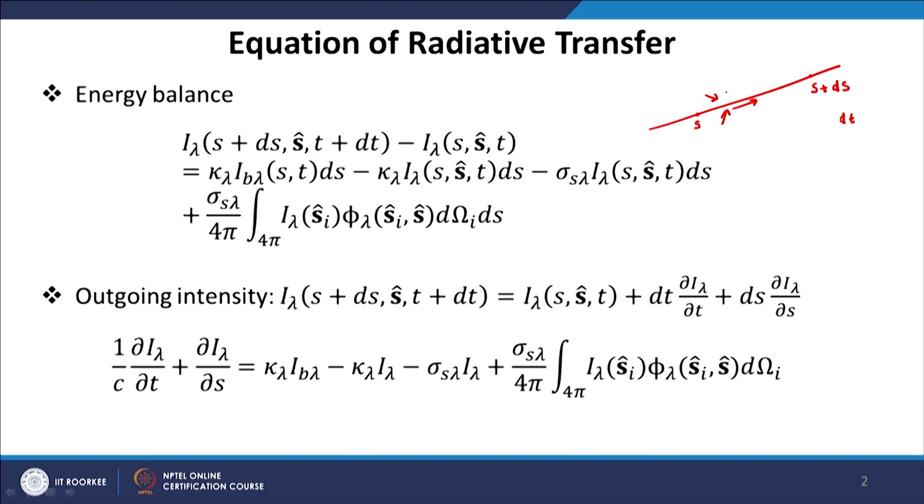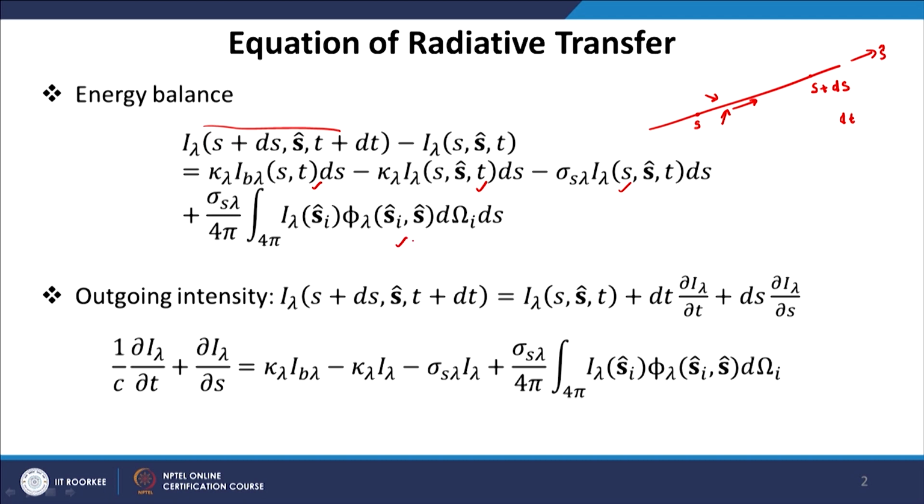So, we write that the intensity at S plus ds at time t plus dt in a given direction s cap, minus the intensity at point S at time t, is basically the component from augmentation by emission, attenuation by absorption, attenuation by out-scattering and augmentation by in-scattering.